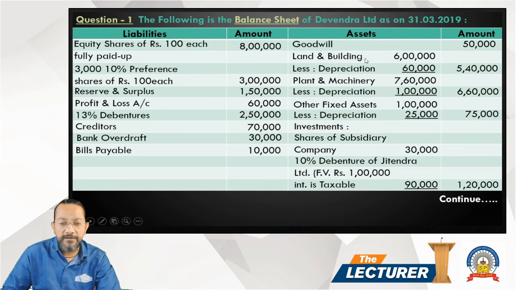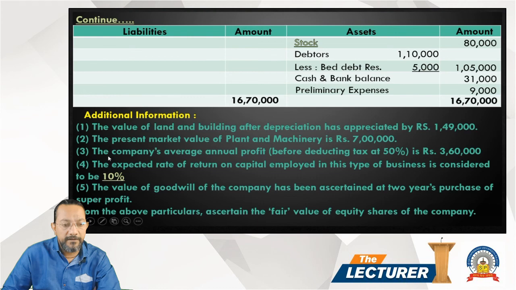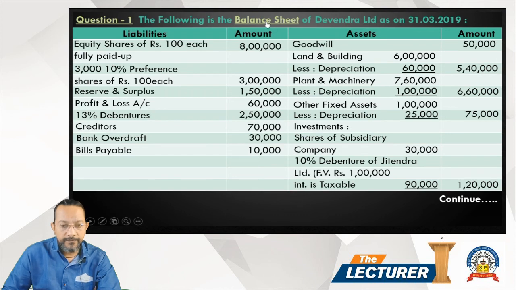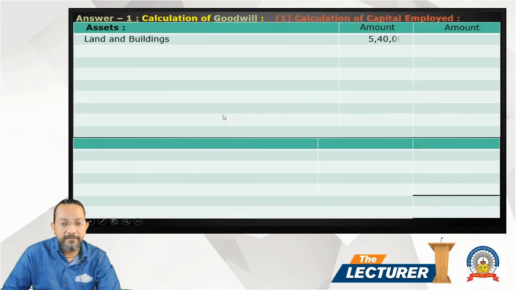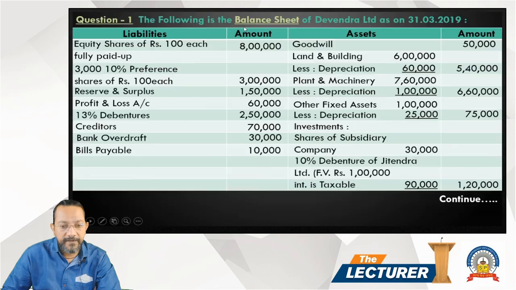What is the first asset? Goodwill, we can ignore it. Land and building: the revised value has increased by 1,49,000. So land and building 5,40,000 as per balance sheet plus the increase, total 6,89,000. After land and building, plant and machinery.